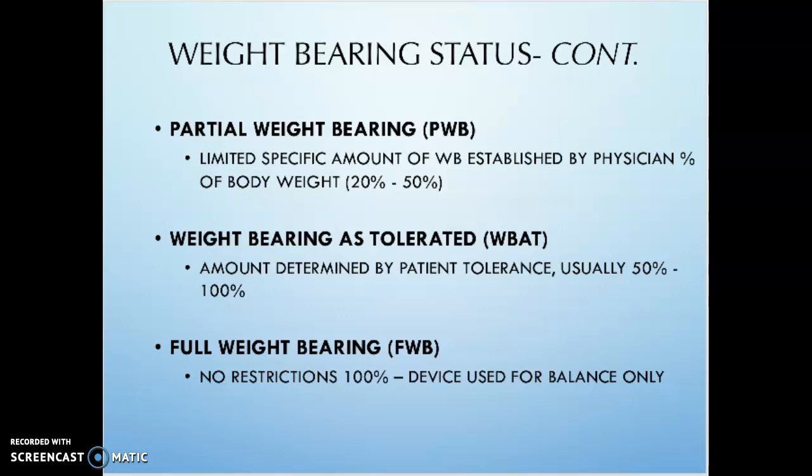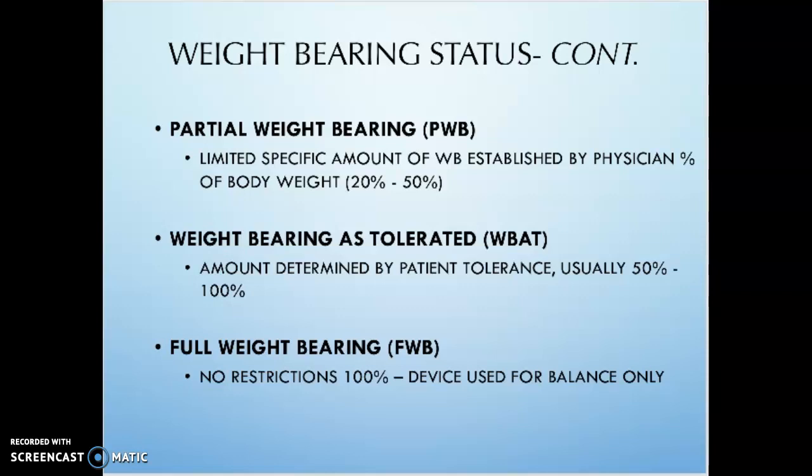Weight bearing as tolerated is exactly that, usually 50 to 100%, but that will just be whatever the patient feels comfortable with, and is usually a progression as they get more confidence, more strength, and endurance, then they progress to full weight bearing.